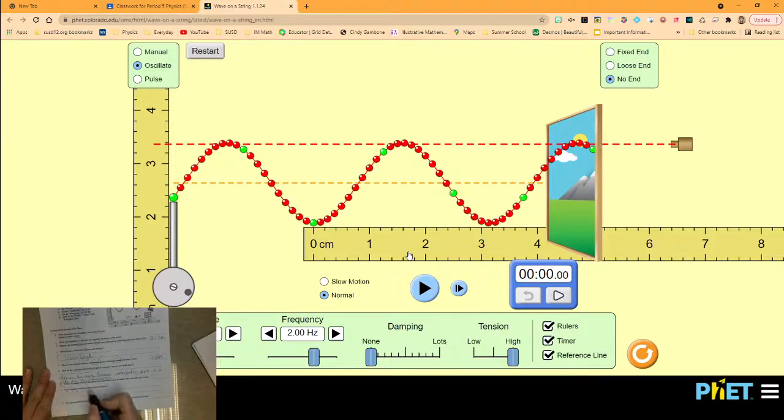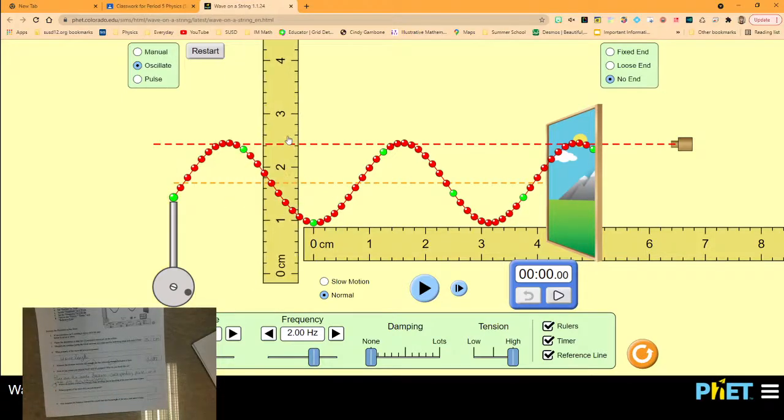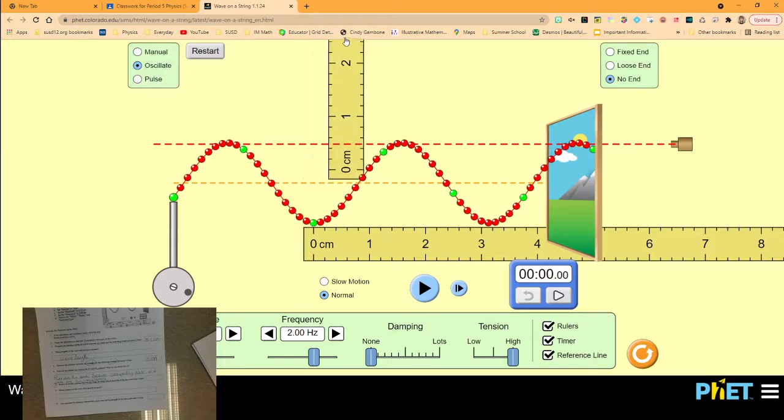Number 7, while it is paused, measure the distance from the center line to the crest of the wave. Okay, the center line to the crest is... Measure very carefully. I think that's like 0.2, 0.4, 0.5.